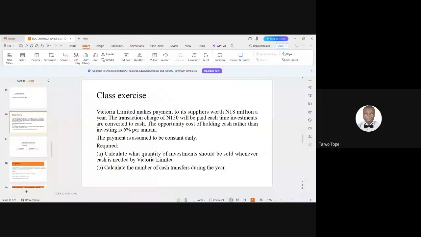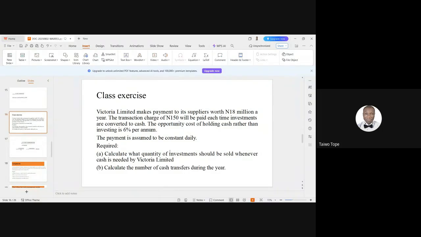If you are getting 20,000 daily, it is the same 20,000 daily. So if you divide 18 million by the number of days in a year, whatever you have is constant. It does not change.